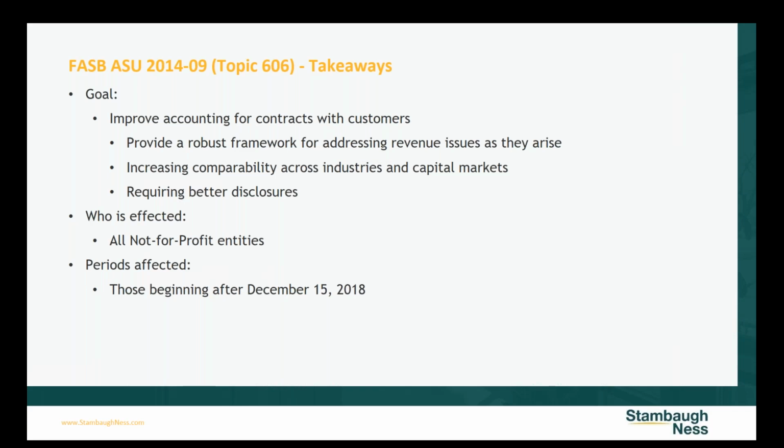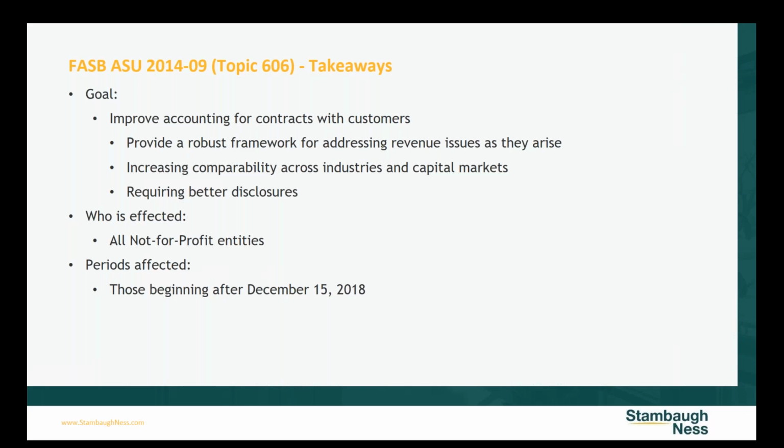So again, this is allowing 2 entities to come together and put together one very large standard of, okay, here's a revenue situation, how do we recognize it? Increasing our comparability across different industries and markets, and then requiring better disclosures. So again, more information as far as what are these revenues, and how they relate to if there are exchange transactions or contracts.